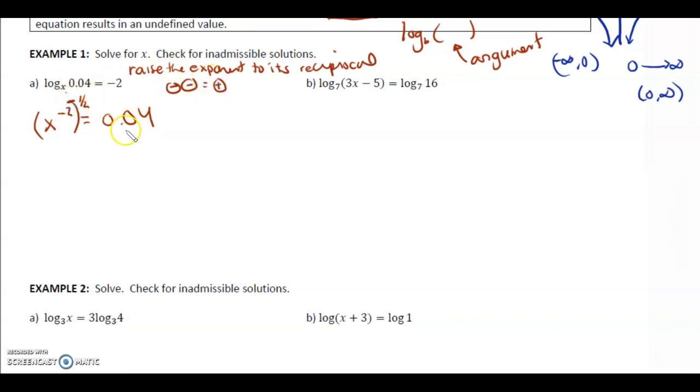So that exponent is going to be negative 1/2, and what we do to the left-hand side, we also do to the right-hand side. Thinking power of a power, we multiply the exponents: negative 2 times negative 1/2 is just 1. So that got rid of the exponent, and now we have x isolated. The 0.04 raised to the negative 1/2, I put in my calculator, and I get 5.